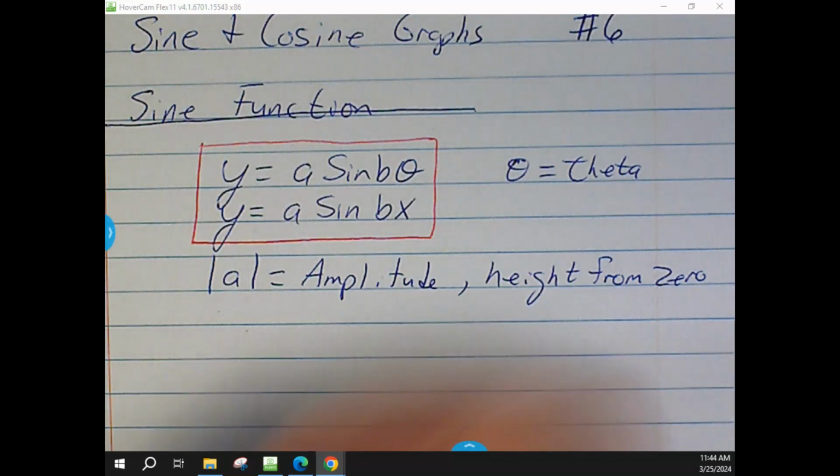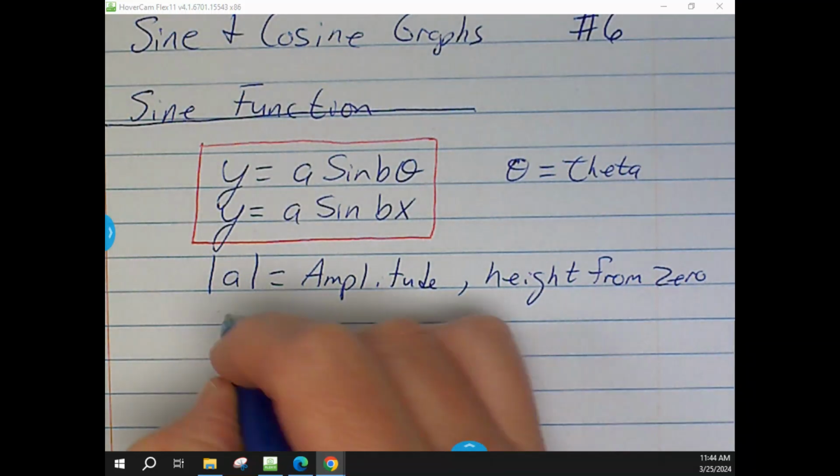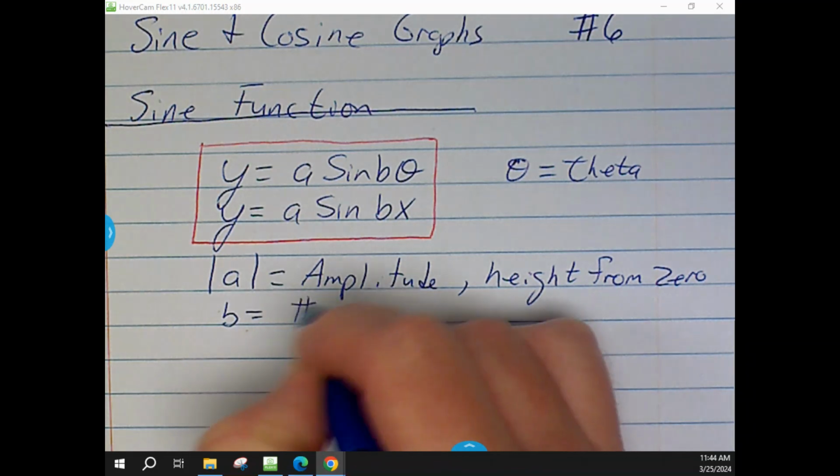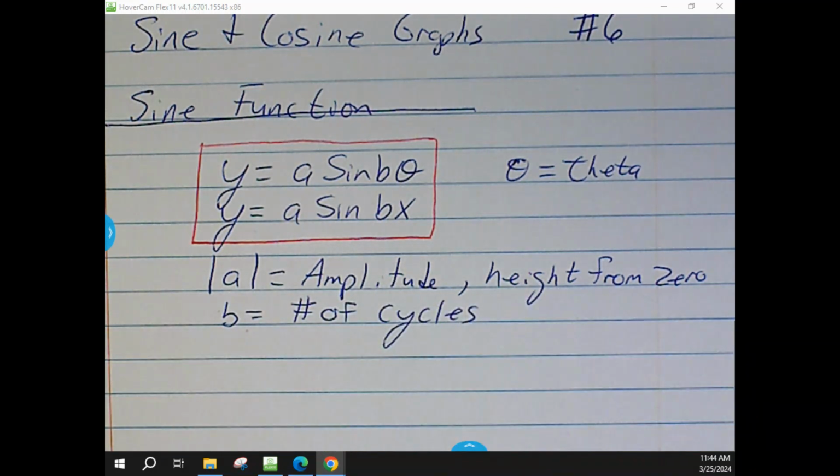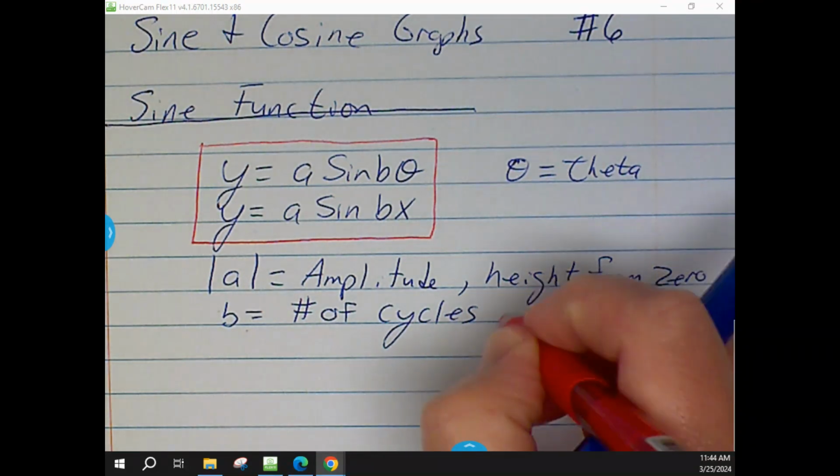Okay, the B value by itself doesn't really do anything, but B is the number of cycles. When you think about the number of cycles, that's one pattern, one trip around the unit circle.